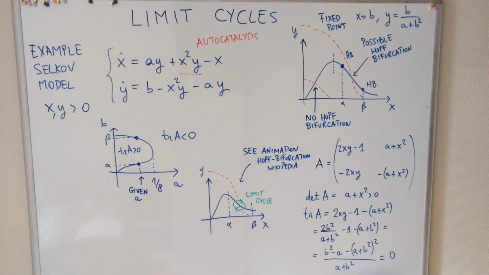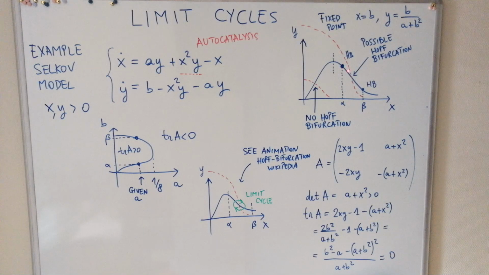Sorry, my mistake. In this part of the graph, the trace of the Jacobian is negative all over here up to this point. At this point it becomes 0: Hopf bifurcation. Then the trace becomes positive here, instability.